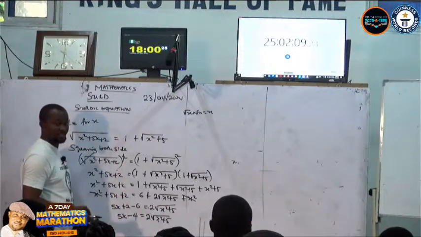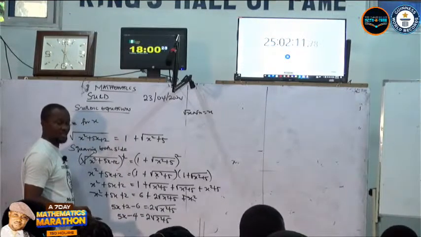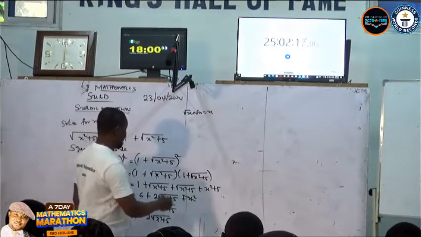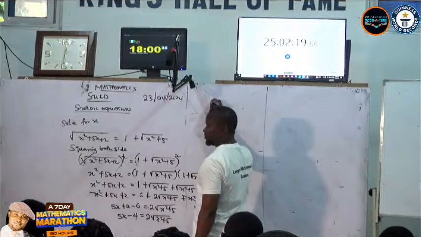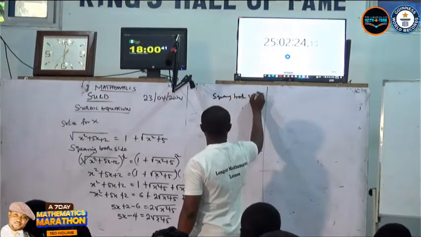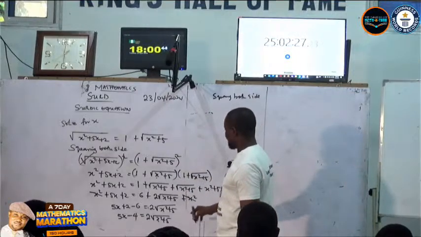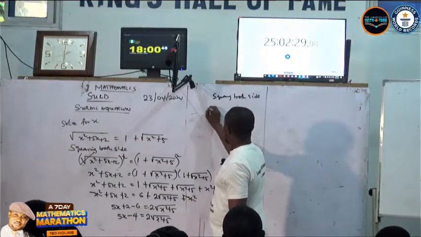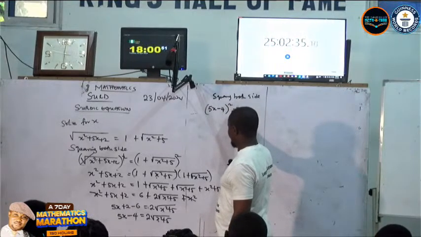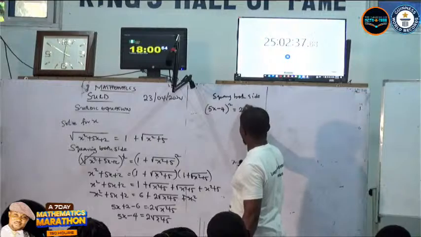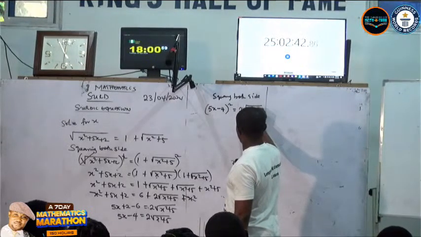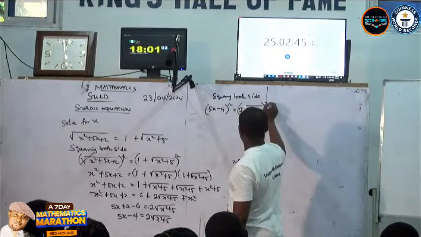And now you can agree with me that for me to be able to remove this square root, I have to square both sides. Are you following me? So squaring both sides, this will now give me 5x minus 4, all squared, will now be equal to 2 into the roots of x squared plus 5, all squared.